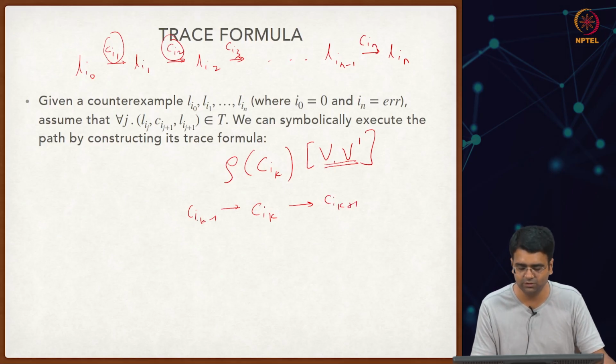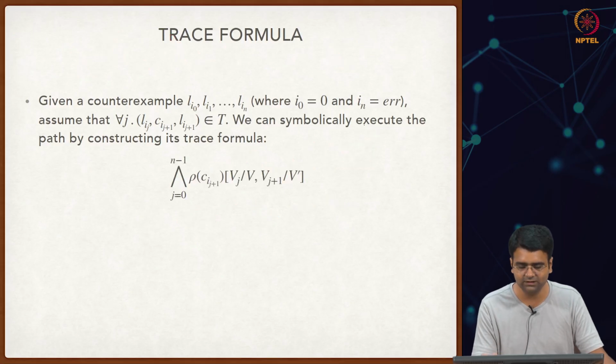This is how we are going to rename the program state. So let us look at the trace formula. It is just a conjunction of all the FOL encodings of all the commands with appropriate renaming of the variables, so that vj replaces v while vj plus 1 replaces v prime. What are vj and vj plus 1?